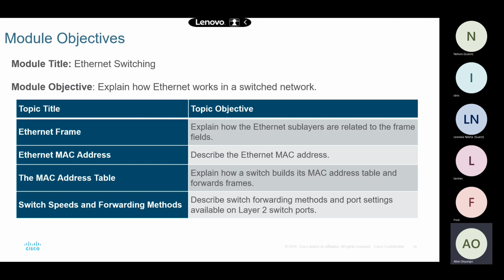In fact, if you remove the MAC address table from the switch, the switch loses functionality. And so it is important that we learn how the switch uses the MAC address table to do the job that it does best.